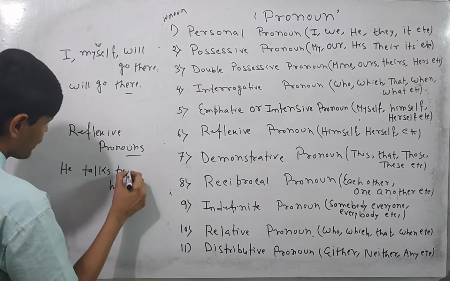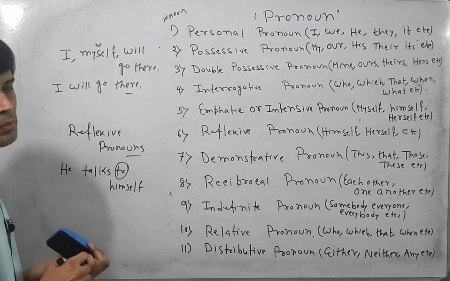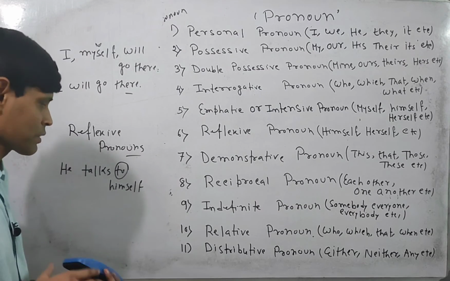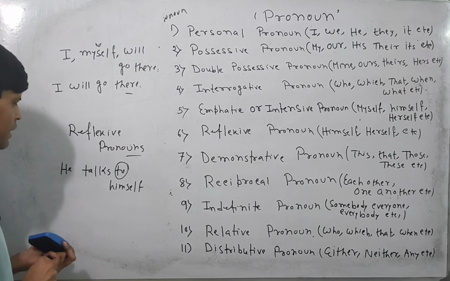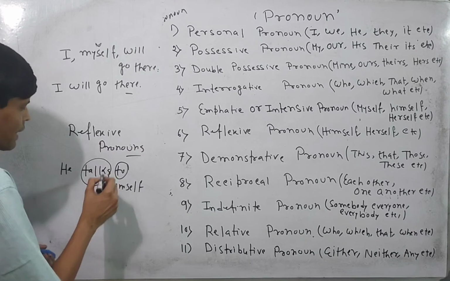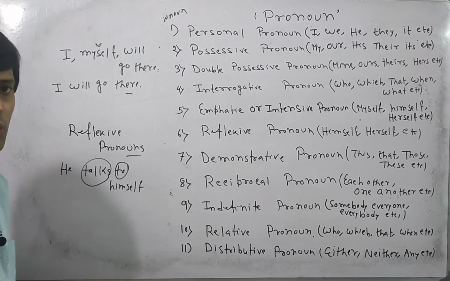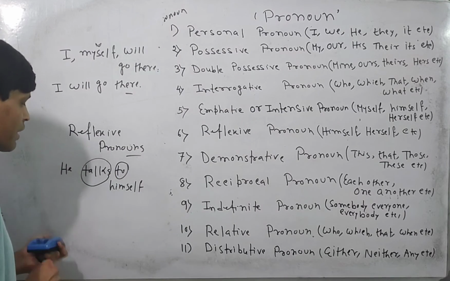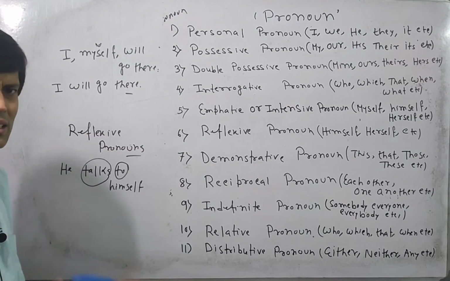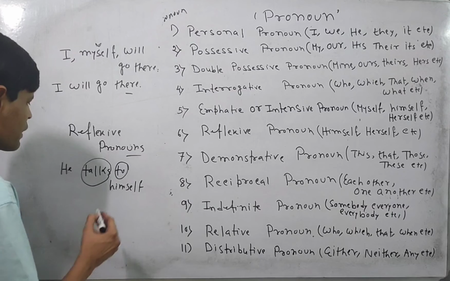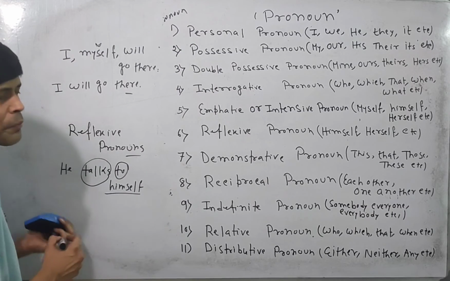Although it is functioning here as an intransitive verb, if I say he talks, it has some meaning but does not have concrete meaning. But if I say that he talks to himself, then it has a certain meaning. So here it is functioning as a reflexive pronoun.